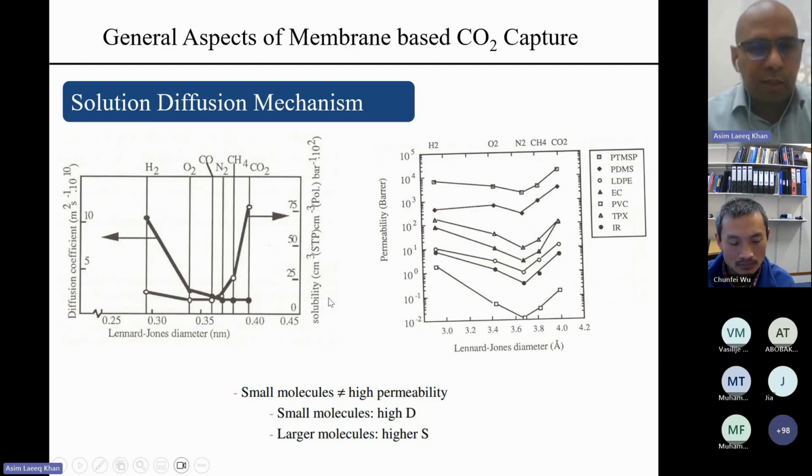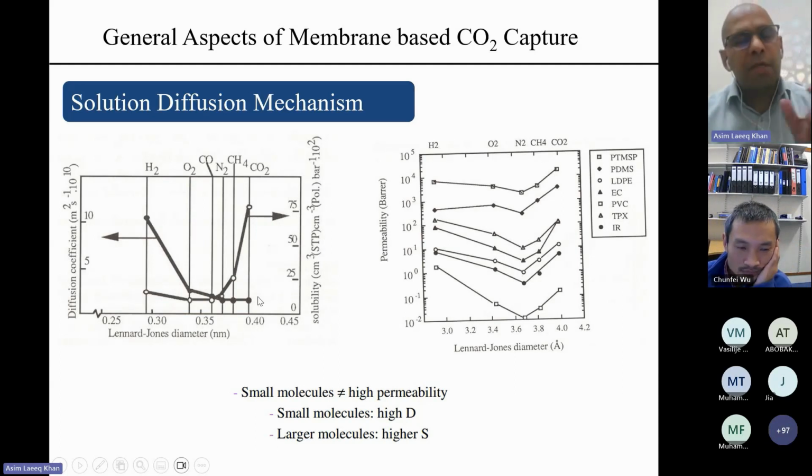On the secondary y-axis, we have the sorption or solubility coefficient. And as we can see, definitely the diffusion falls as the size of the permeating molecule increases. The sorption increases as the size of the permeating molecule is increasing, but this is not the case for permeability.